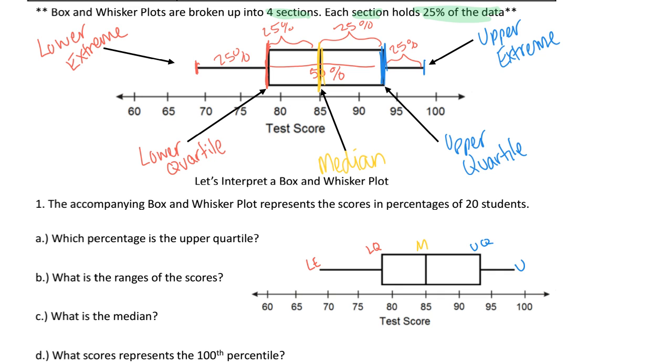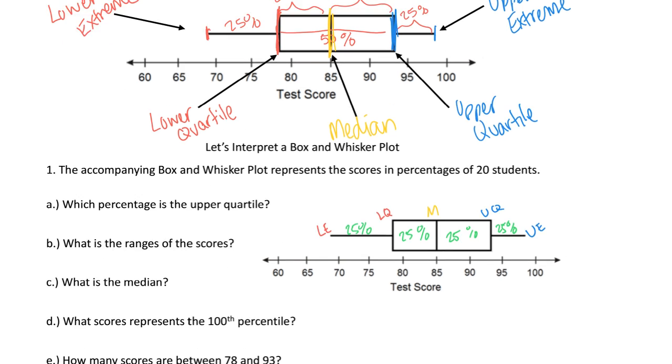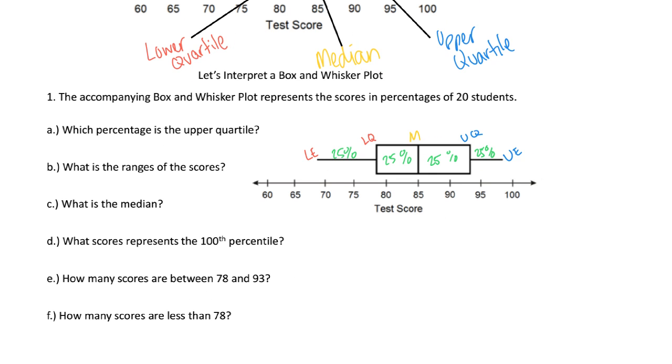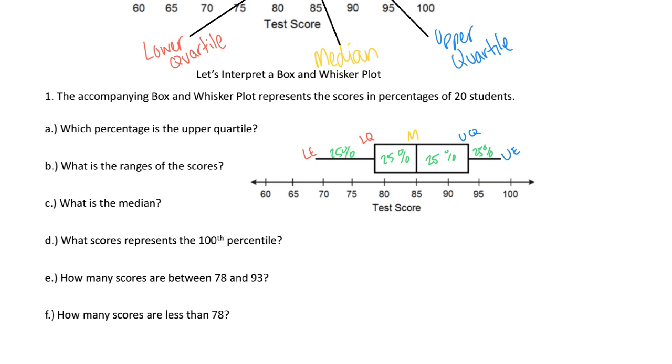What else might be helpful is to write that each part is 25%. It's not 25 numbers, it's 25%, which again is a big difference. I might write both of those things for the first couple that you look at, just to get a solid understanding.